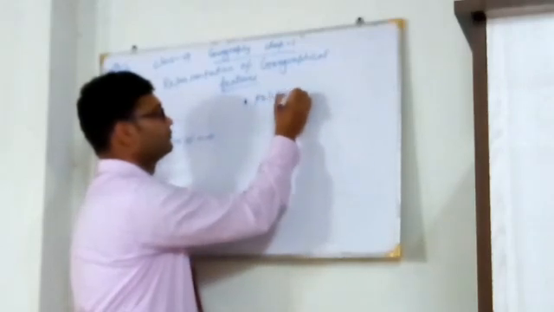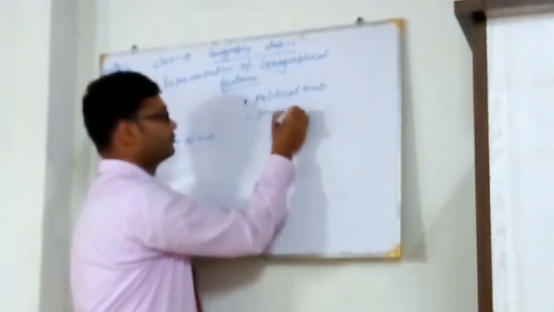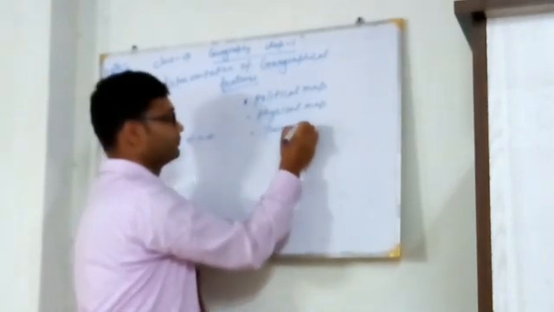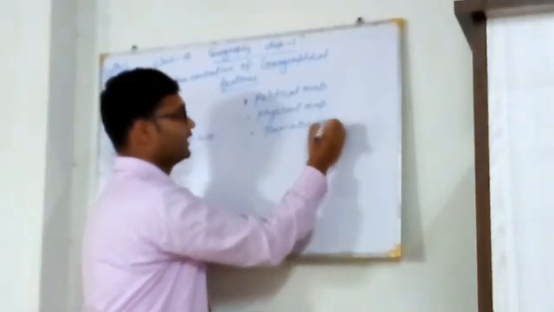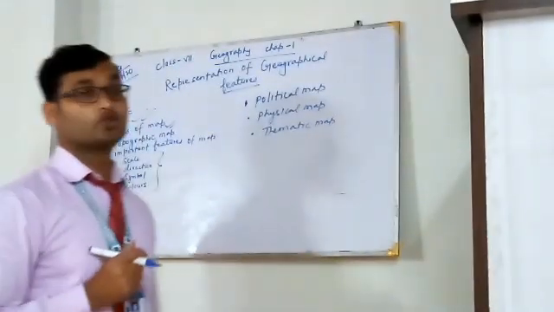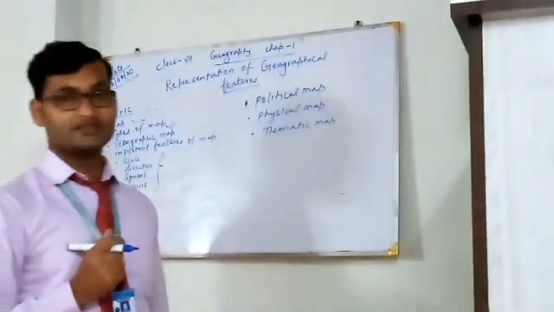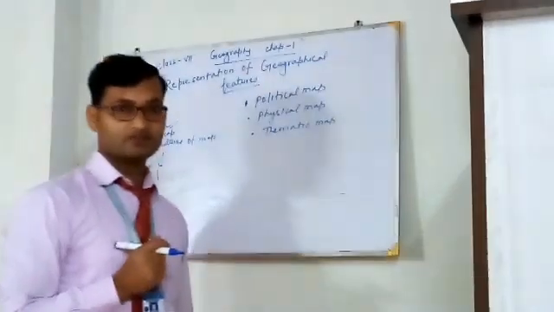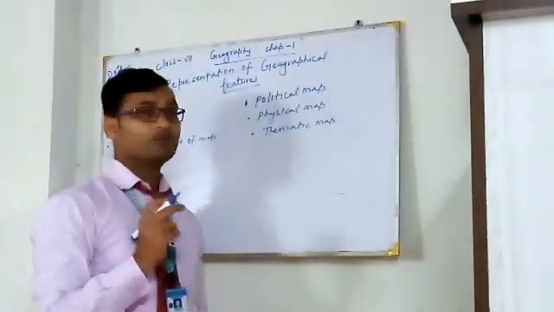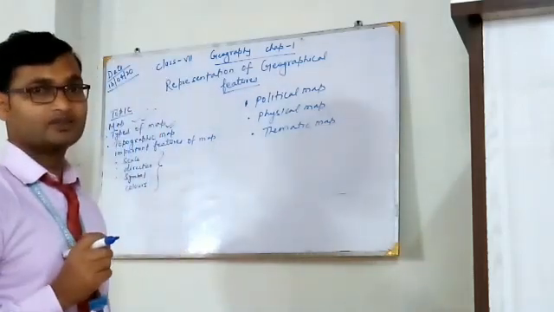Types of map. There are mainly three types of map: political map, physical map and thematic map. Political map shows the continents, countries, villages, cities with their boundaries. For example, when you see the map of India, you see every state has its own boundaries.